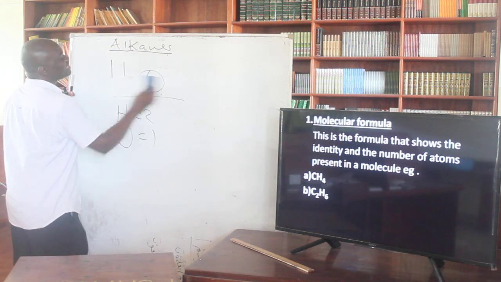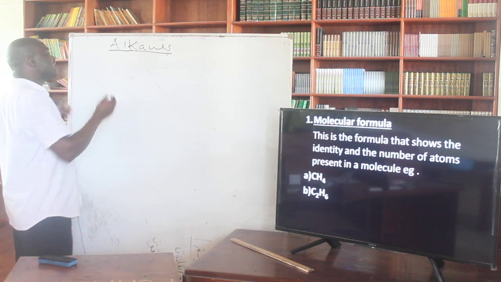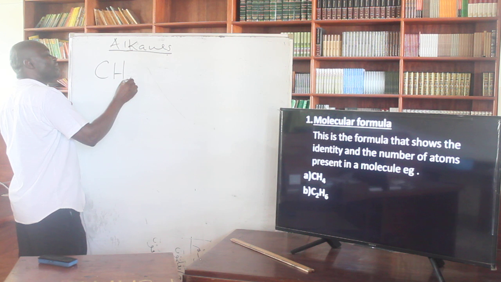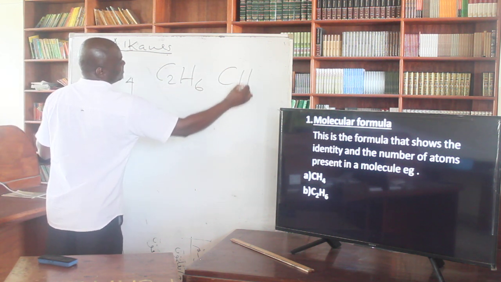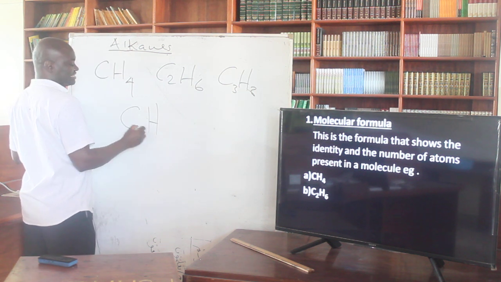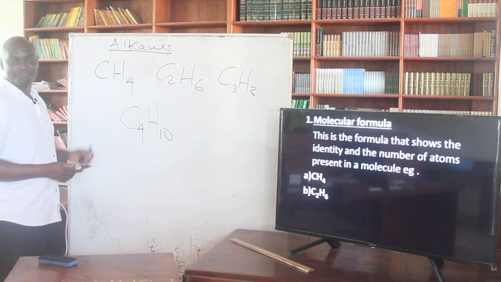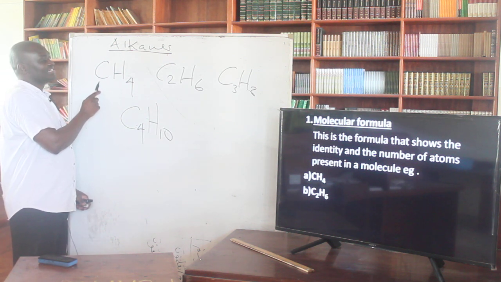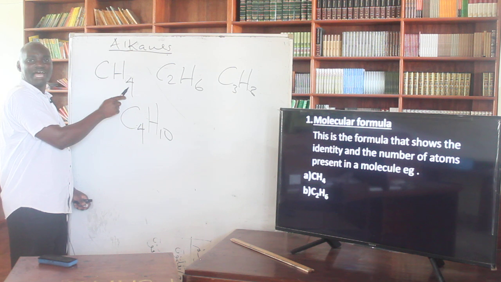So in representing alkanes, we can represent alkanes using their molecular formulae. This one shows that this alkane is made up of carbon and hydrogen: 1 carbon atom, 4 hydrogen atoms.